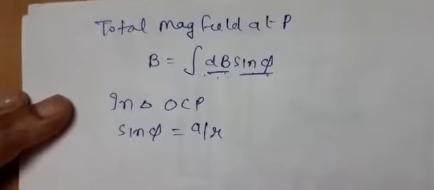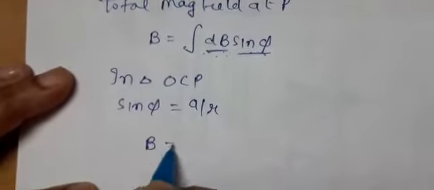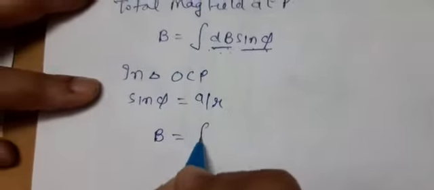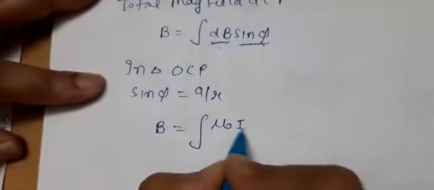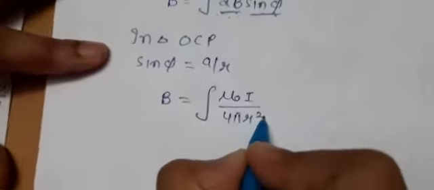Till now we have not used the value of R. We will use it in the last step. So now put the value of the magnetic field dB. What was it? It is mu naught I dl upon 4 pi R square.